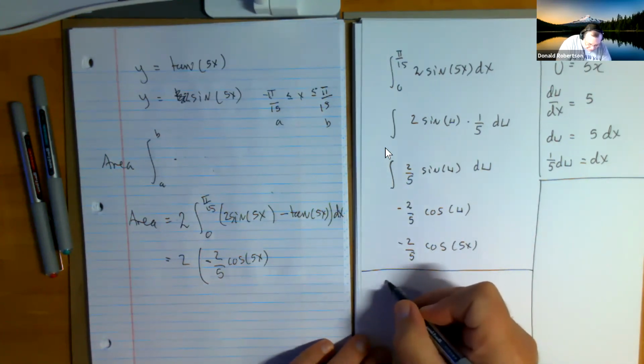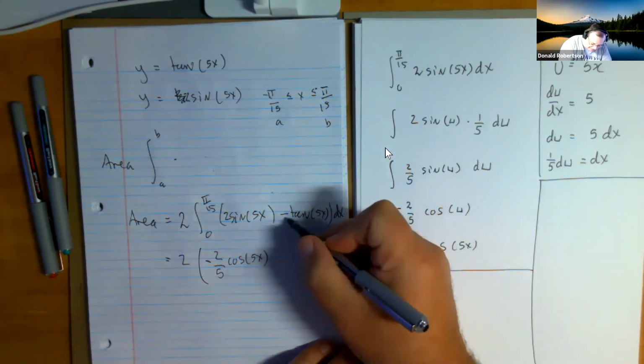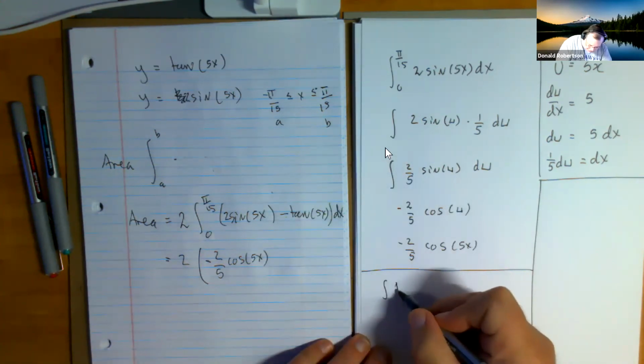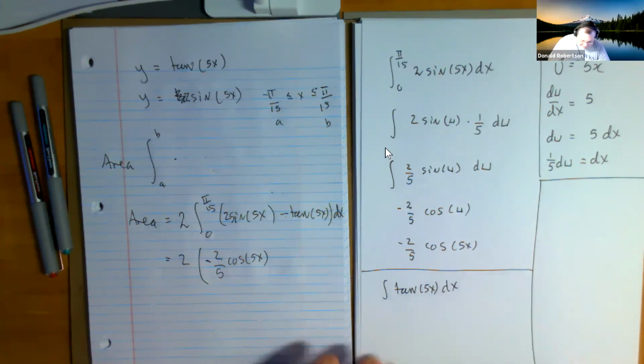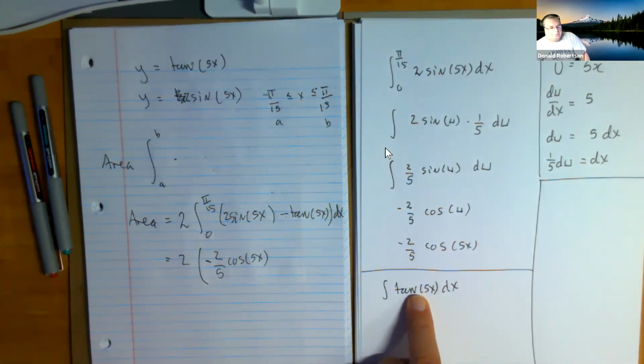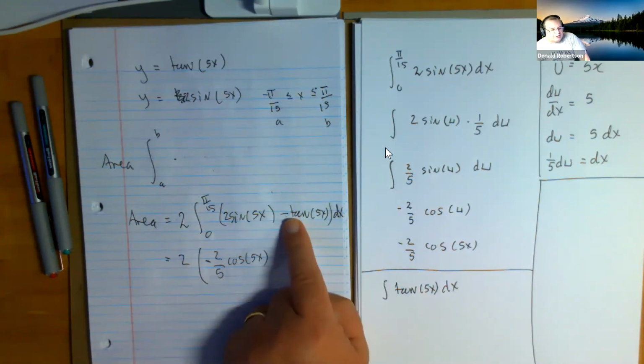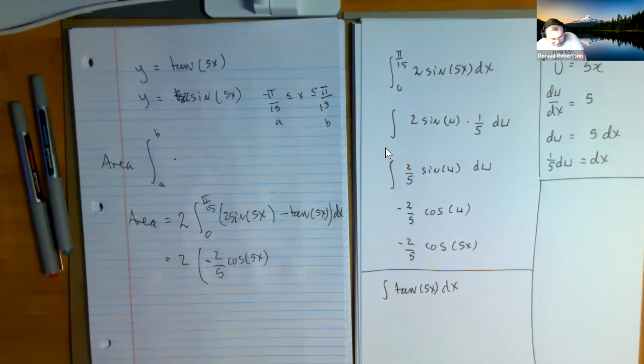Now, let's do the second piece. It's going to be negative, this answer, but just to make my life easy, I'm going to do that guy, right? And then I'll make sure that I'll stick a negative in when I'm finished. Well, this guy is a problem.